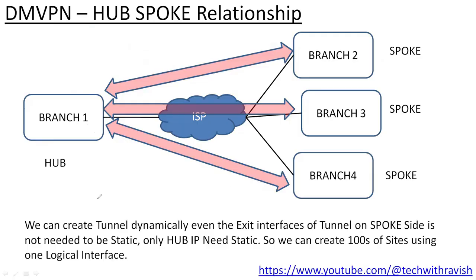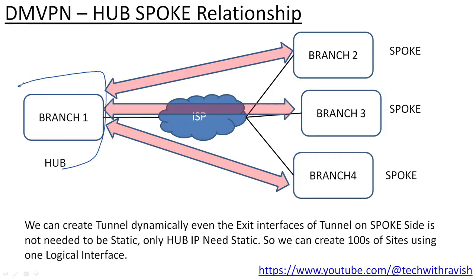Only the hub IP needs to be static, so we can create hundreds of sites using one logical interface. That means the hub should be static and we don't need static IP addresses on the branch side. So the branch side can be configured dynamically.